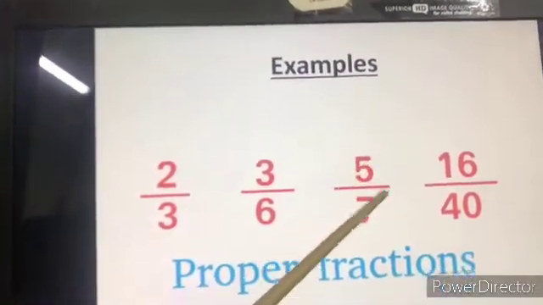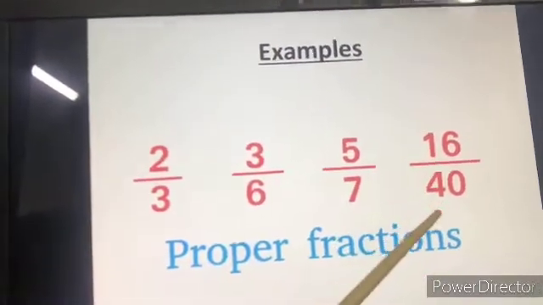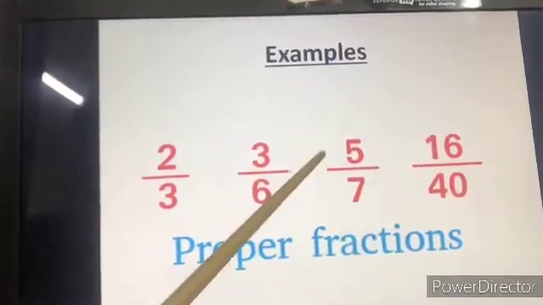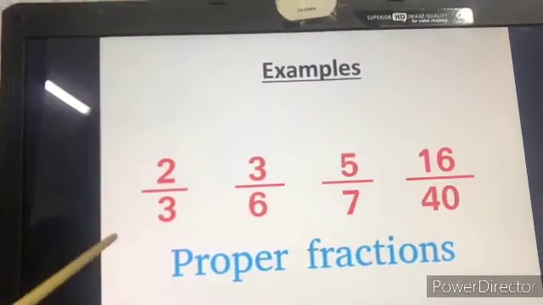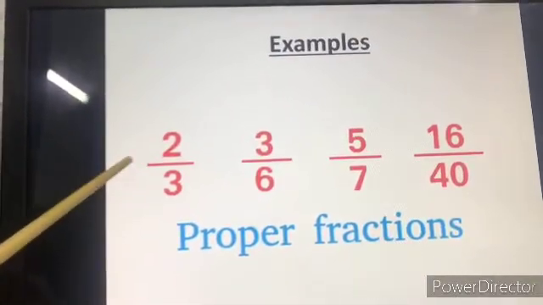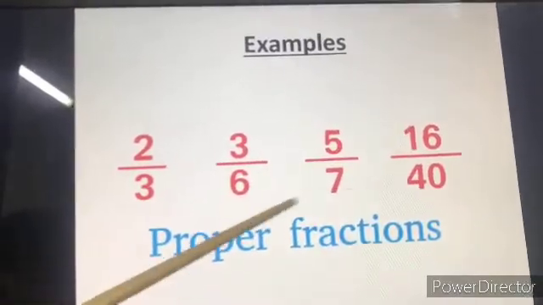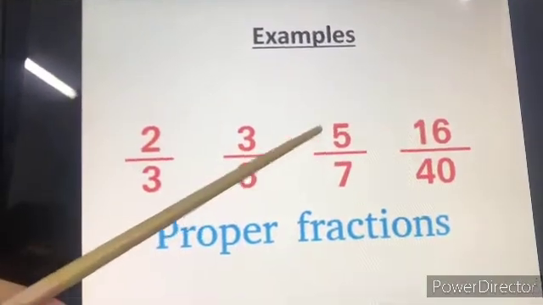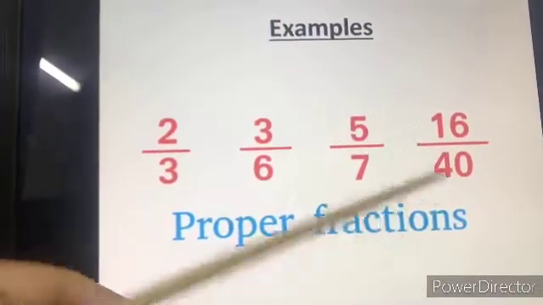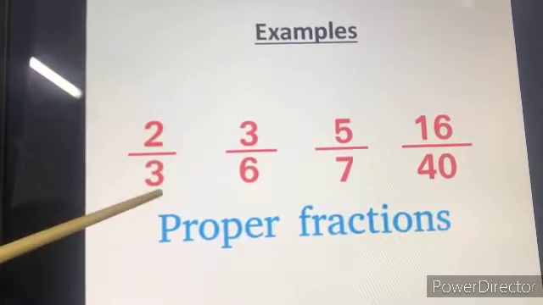Same here, 5 by 7 or 16 by 40. Because the denominators here are bigger or greater than the numerators, all of them are examples of proper fractions. You can see all the top numbers are lesser than the bottom numbers. 5 is lesser than 7, 16 is lesser than 40, 3 is lesser than 6 and 2 is lesser than 3.